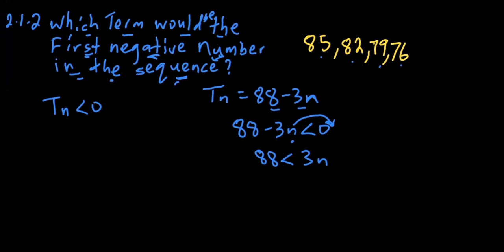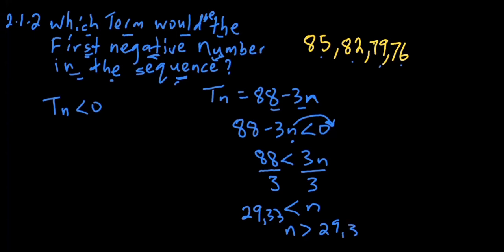Then we divide both sides by 3, because we want to be left with n. That gives n greater than 29.33.